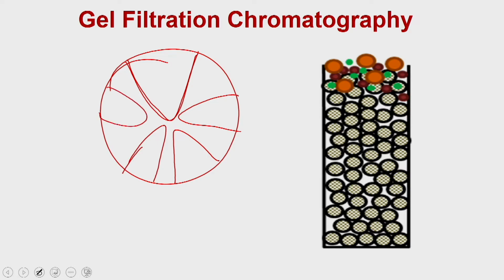Now, what will happen is, while the molecules are flowing on top of these beads, they are going to enter, they are going to replace the buffer you are filling into these beads, and they are going to fill.